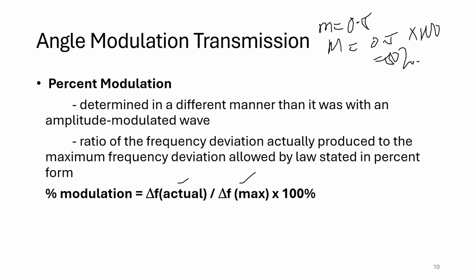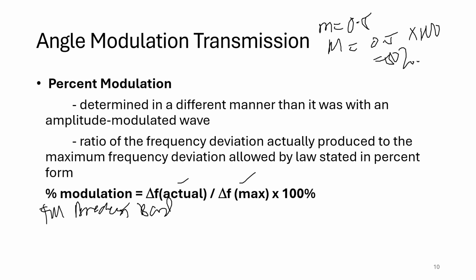For example, we have the FM broadcast band. Usually, class, this is not given in the problem. It is just assumed that you already know the value, because it is what we call a standard value.